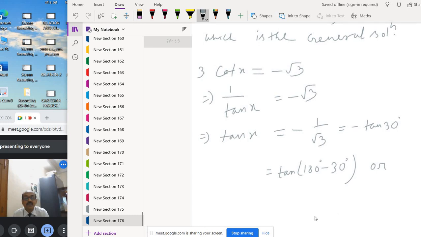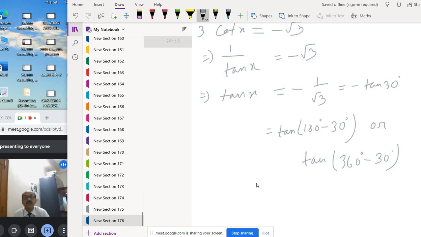Or another one, the fourth quadrant, which means 360 minus. So tan 360 degree minus 30 degree. This is the fourth quadrant. So this is equal to tan 150 degree or tan 330 degree.